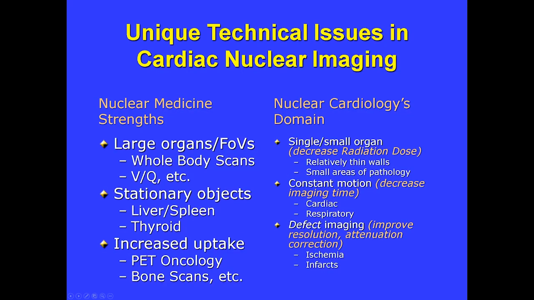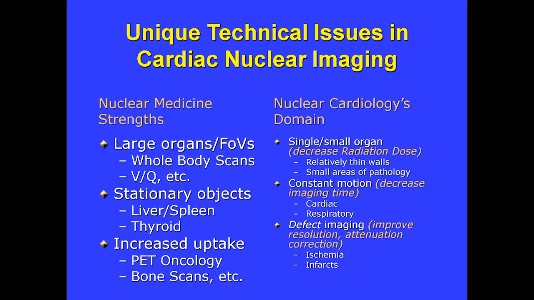When we talk about cardiac nuclear imaging in the context of nuclear medicine, nuclear medicine itself has certain strengths. We like to look at large organs or fields of view, such as whole body scans, VQ scans of the entire lungs.